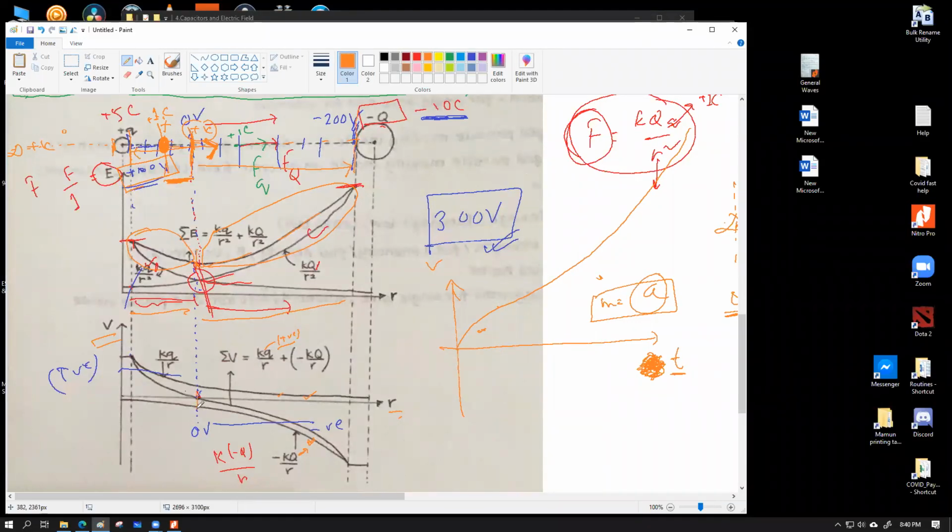Should this point and this lowest point be located at the same distance in between them? What do you think? The location of lowest potential, the location of lowest electric field strength, and the location of zero potential, should they be the same point? No. Well, I gave you an answer of yes or no, but you've got to have some sort of explanation for that.